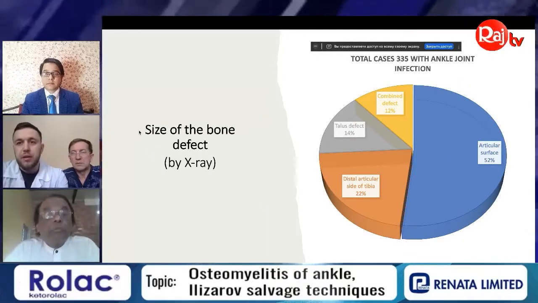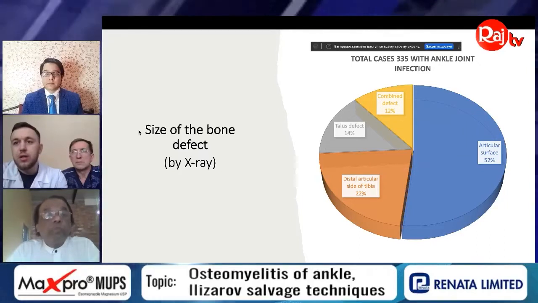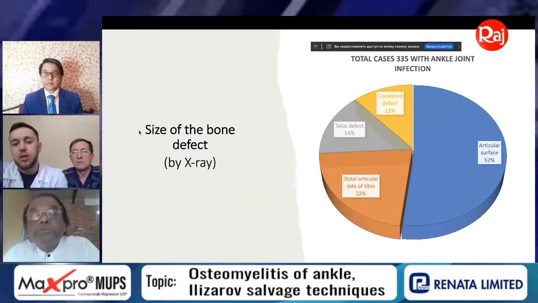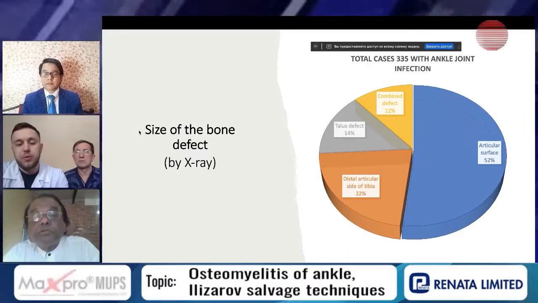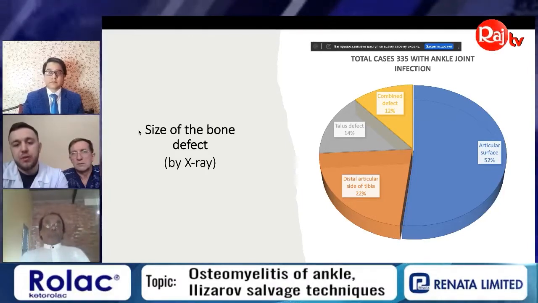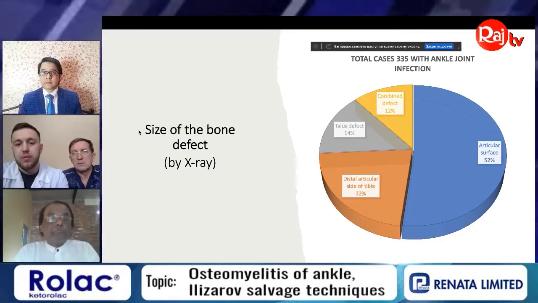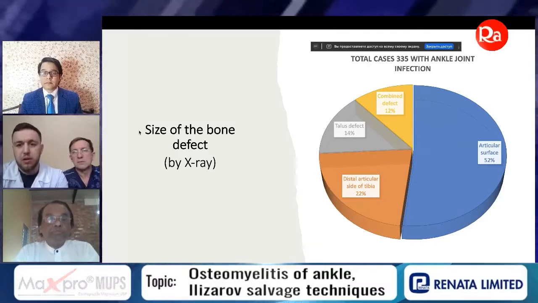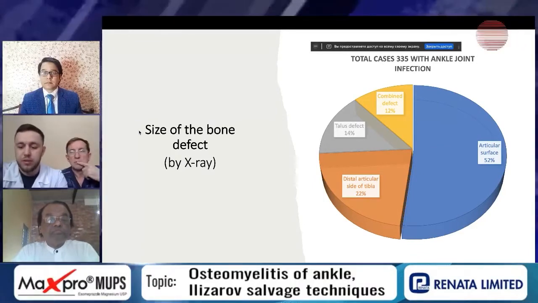If we look at the X-ray, we can find that in 55% of cases patients had only destruction of the articular surfaces, in 22% a defect of the distal articular side of the tibia, in 14% a talus defect, and in 12% combined big defects with the defect more than 6 centimeters.